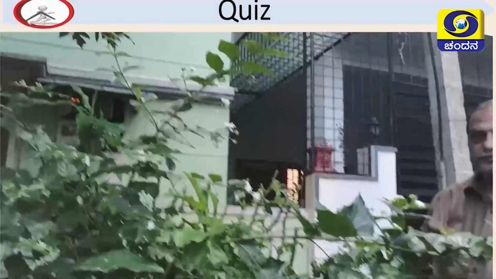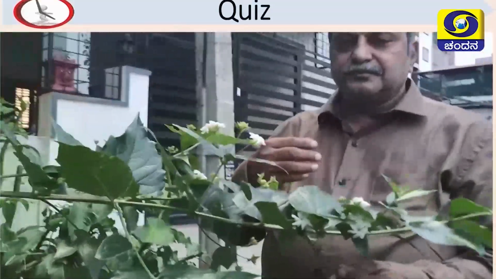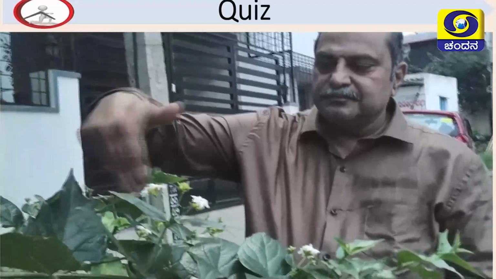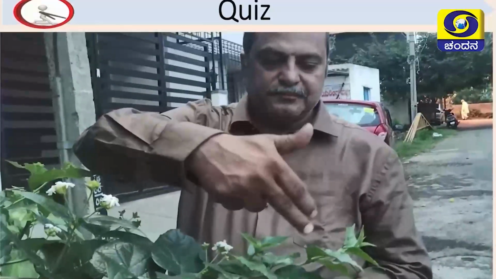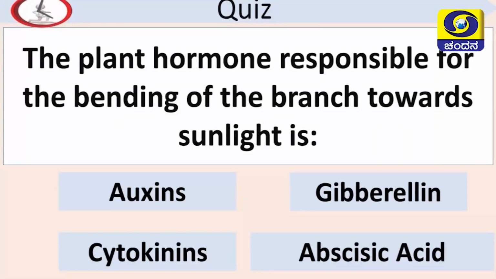Now, here there is one more question. Here, sir is showing you a Parijata plant. You can see the plant branch is slightly bending towards the sunlight. Now, my question is, name the hormone which is helping it to bend towards the sun.